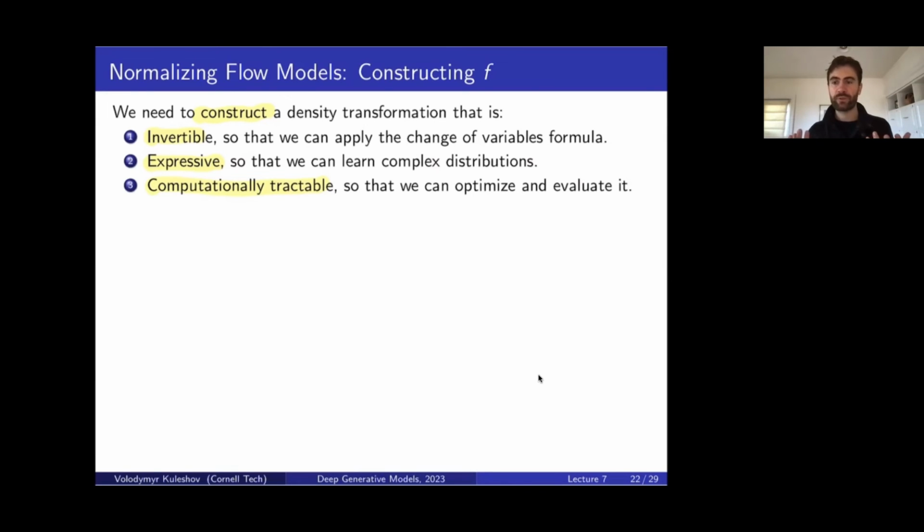But because we don't have any restriction, we have to do a lot of more complicated probability theory to derive a learning objective and to approximate maximum likelihood learning. Here, we don't have that problem, but we have in some way shifted the difficulty to another part of the design space, which is how do you choose a neural net to parameterize your f while maintaining these three properties.